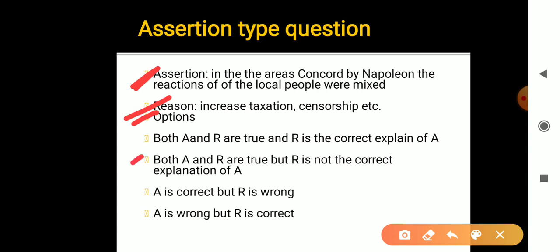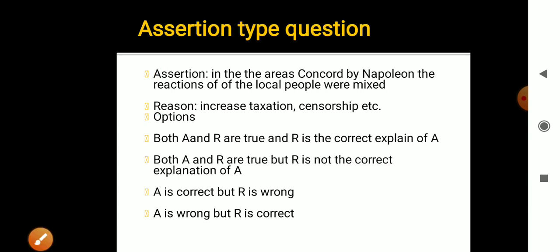Then the second option, children: both A and R are true, but R is not the correct explanation of A. Then the third option: A is correct but R is wrong. Fourth option: A is wrong but R is correct. So children, you have to choose the correct option.